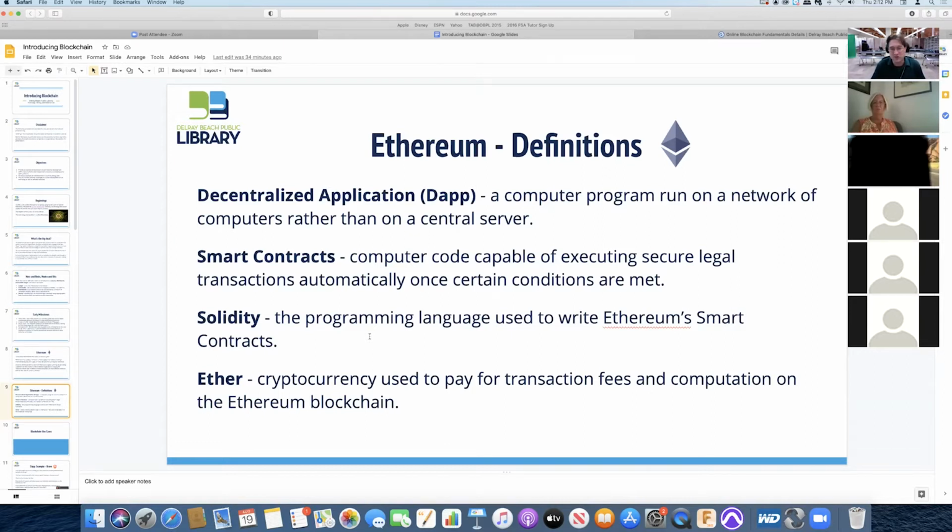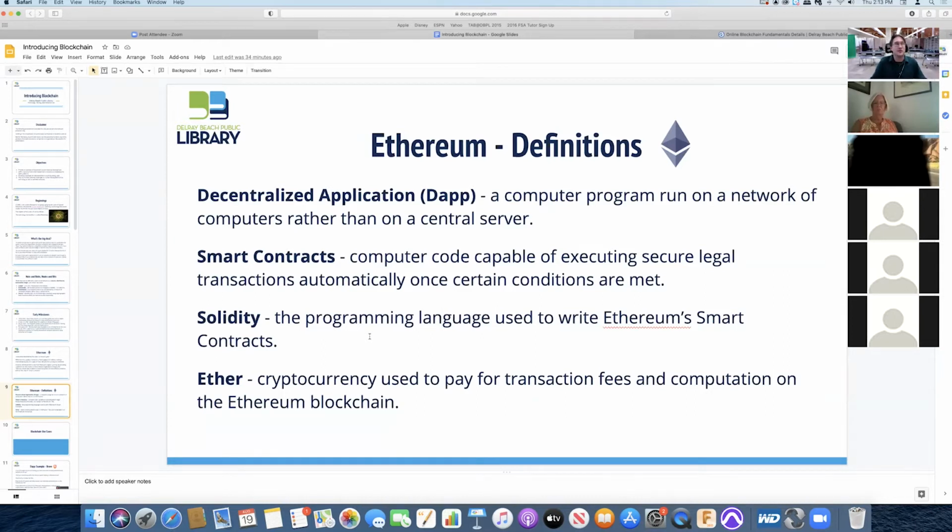Solidity, I just wanted to mention, is the programming language used to write Ethereum smart contracts. So if anybody's interested in becoming a blockchain programmer, you might want to look into learning Solidity. And finally, Ether is the cryptocurrency used to pay for transaction fees and computation on the Ethereum blockchain.